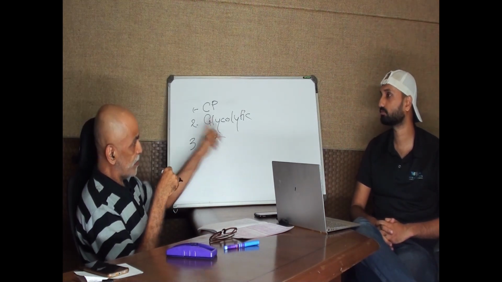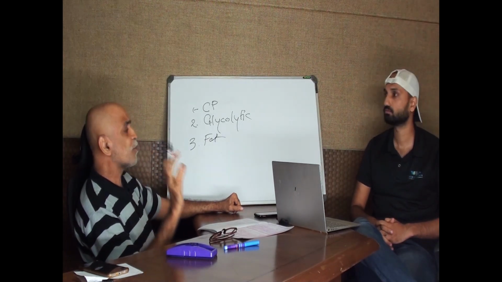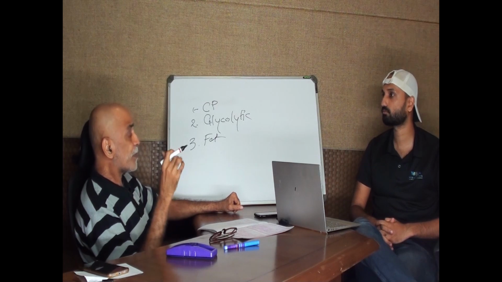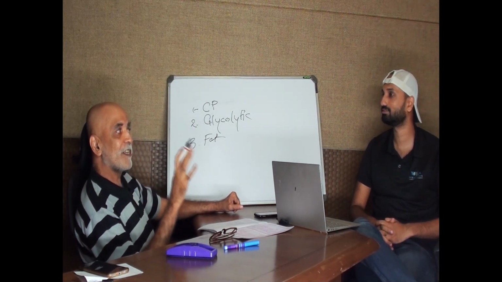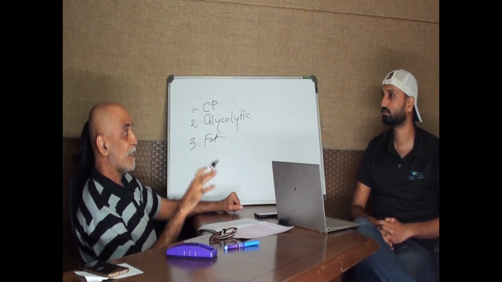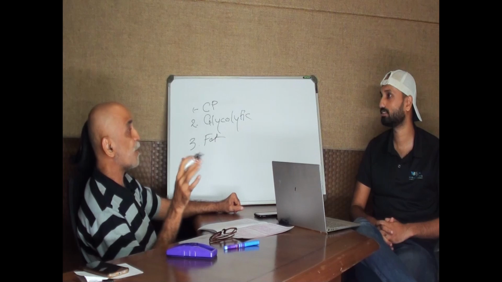Now here in this glycolytic pathway, basically glucose is consumed, but there is an option, aerobic and non-aerobic. Whenever glucose is consumed anaerobically, then lactate is produced. Now here comes the lactate threshold heart rate.